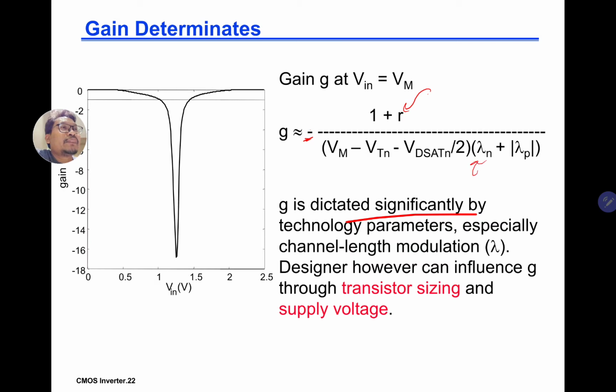Here is your channel length modulation lambda, and it also depends on your threshold voltage VTN and VDSATN over 2.